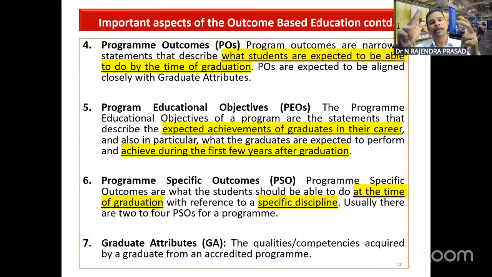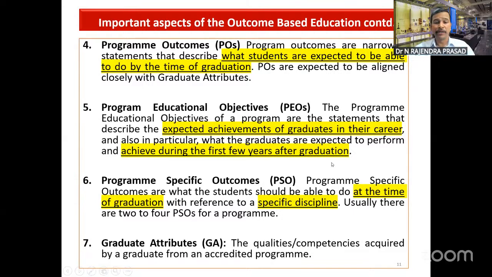Say BA, there may be different programs for BA, there may be different programs for BSc. BSc Physics, Chemistry, Mathematics, BSc Physics, Computer Science, Mathematics. These are different programs. Each and every BSc program will have certain specific outcomes. They are known as program specific outcomes, and they are denoted by PSO.